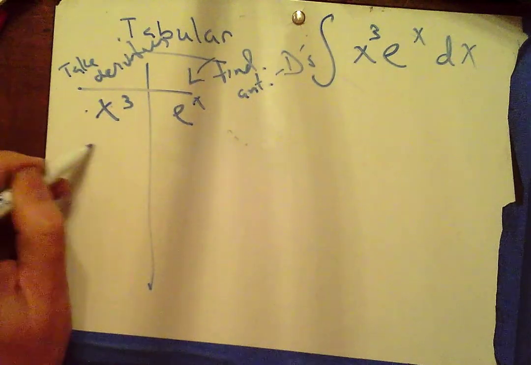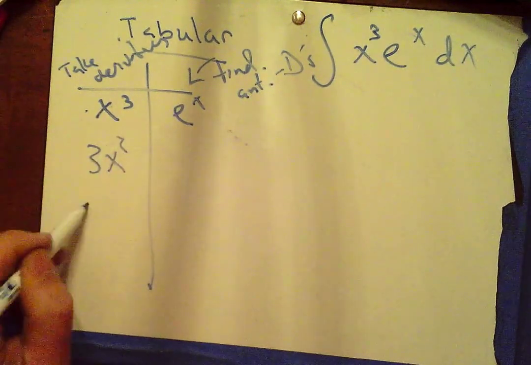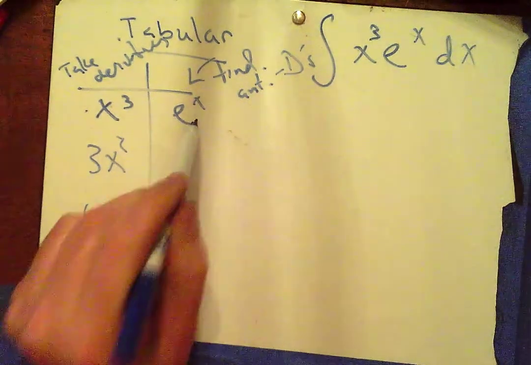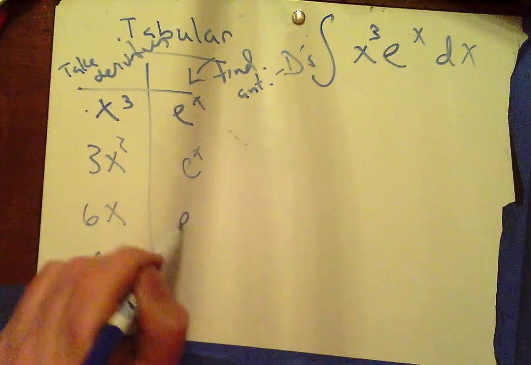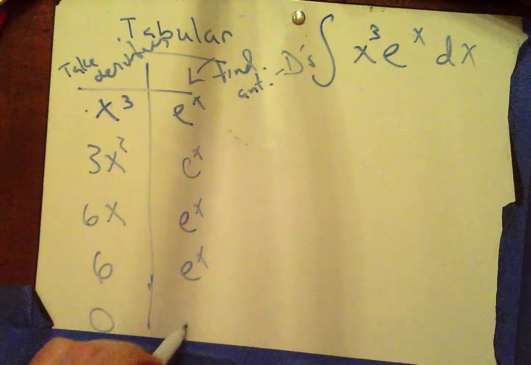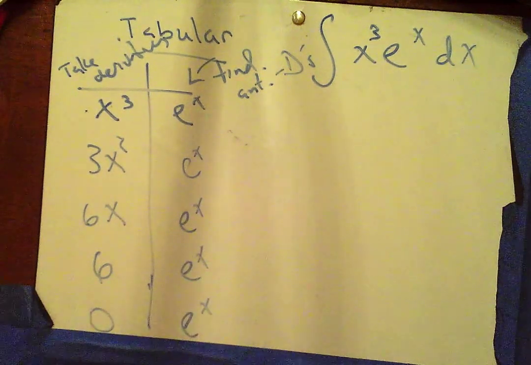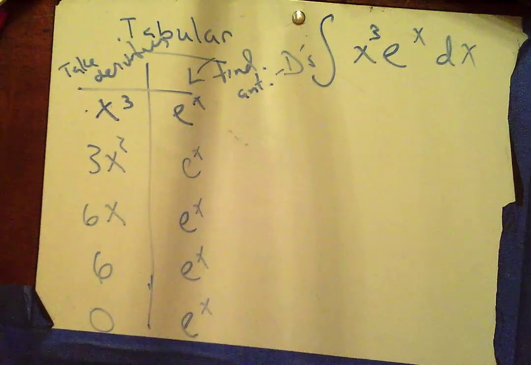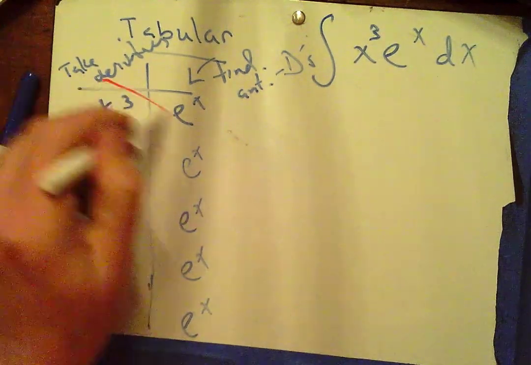So my derivatives, 3x squared, 6x, 6, 0. And over here, antiderivative, very convenient, very easy for us. And here's how it goes. It does not go across. It goes this way.